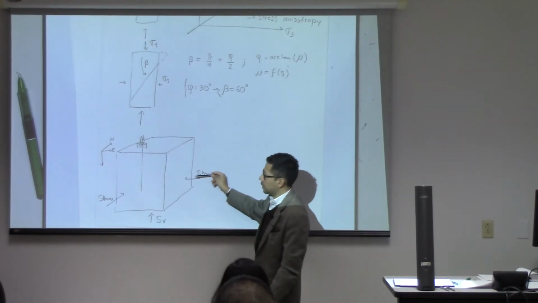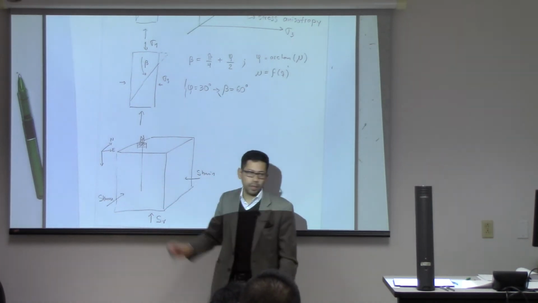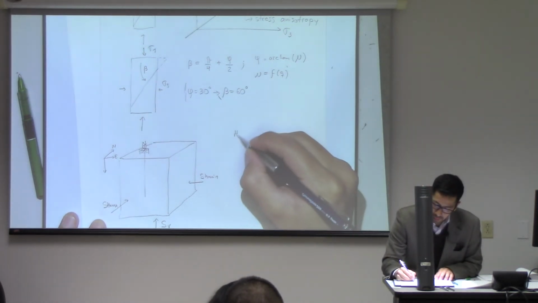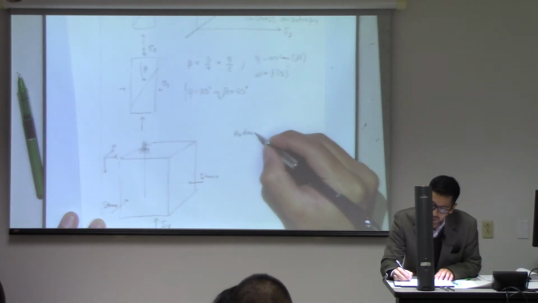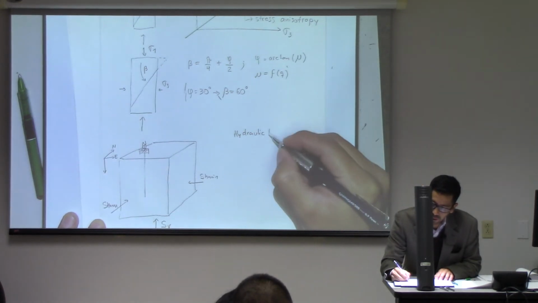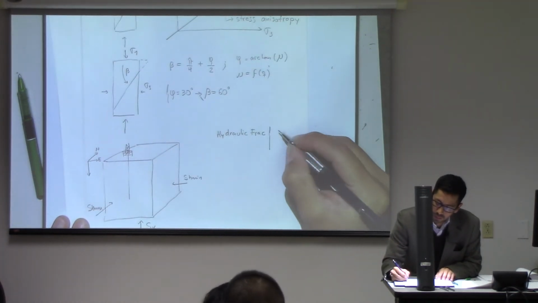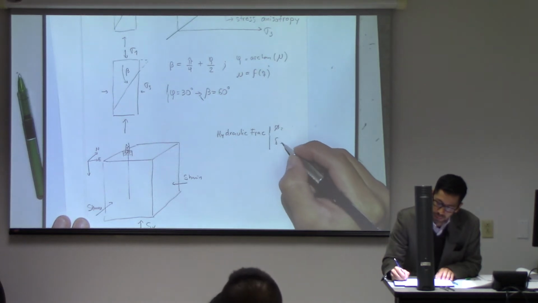So look, SH min is acting in the east-west direction, right? Tell me what would be the strike and dip of a hydraulic fracture at this location, the ideal orientation. So strike, dip.